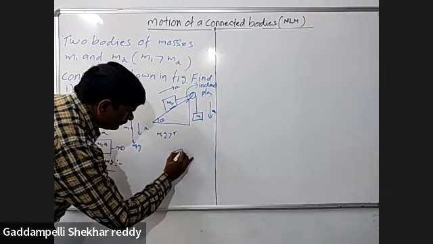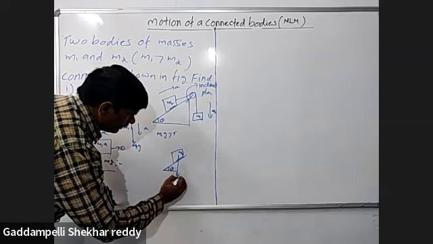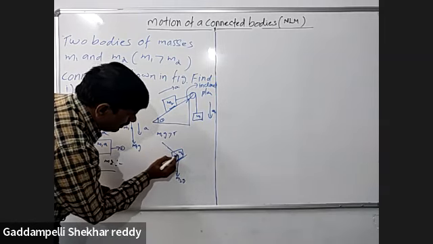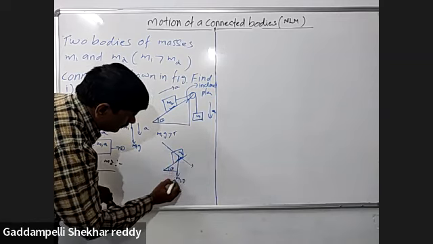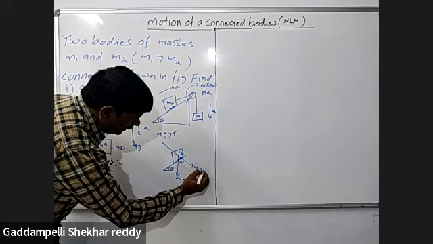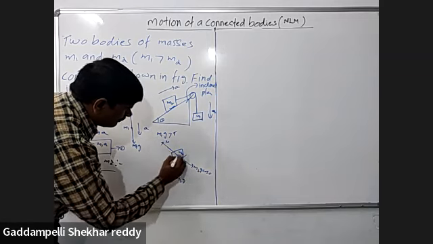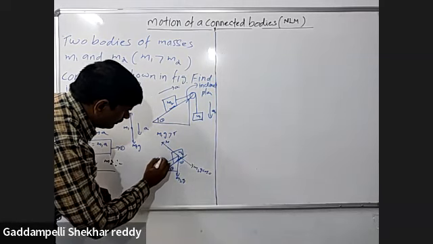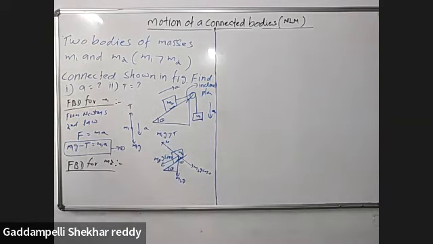The weight always acts downward, M2G. The normal force is at 90 degrees to the surface. The weight can be resolved into components, as we already know: M2G cos theta is balanced by the normal force, and M2G sin theta acts along the inclined plane in the downward direction.